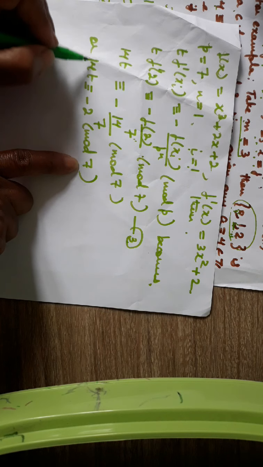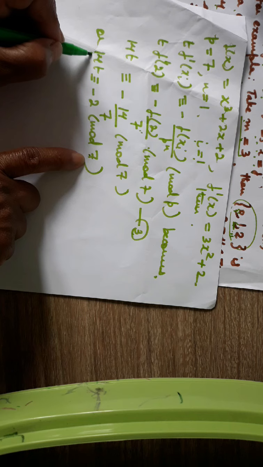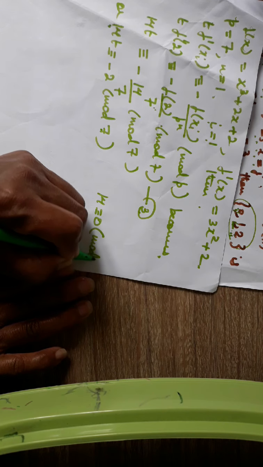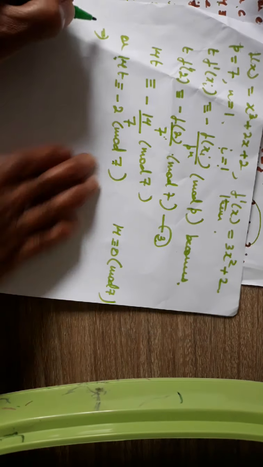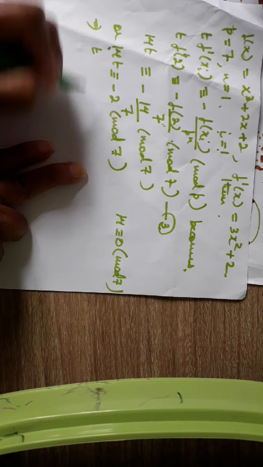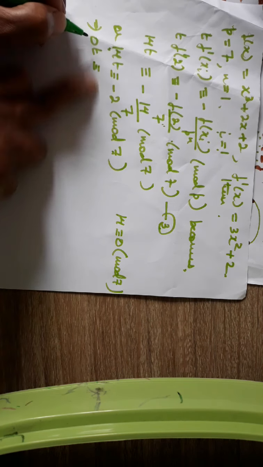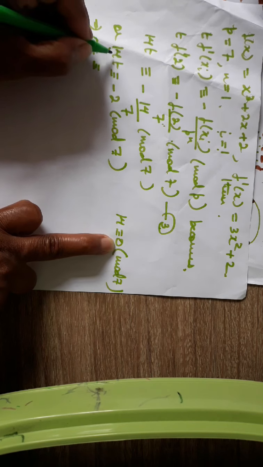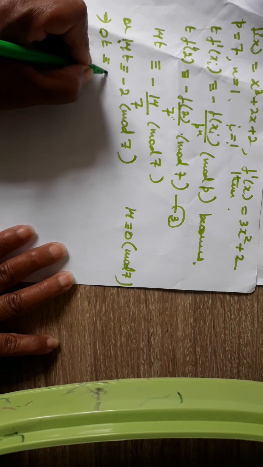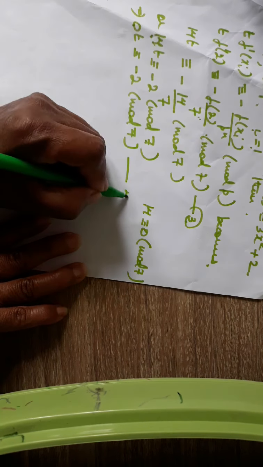You can see that from the left hand side, 14 is still divisible by 7. So 14 is congruent to 0 mod 7. This implies that instead of 14, I'll write 0 into t, because 14 is congruent to 0, so 0 into t is congruent to minus 2 mod 7, and name this as equation 4.